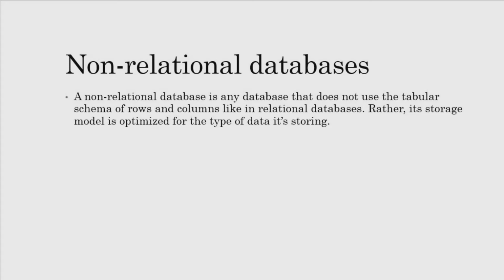For example, data may be stored as simple key-value pairs, as JSON documents, or as a graph consisting of edges and vertices. What all these data stores have in common is that they do not use a relational model. Also, they tend to be more specific in the type of data they support and how data can be queried.